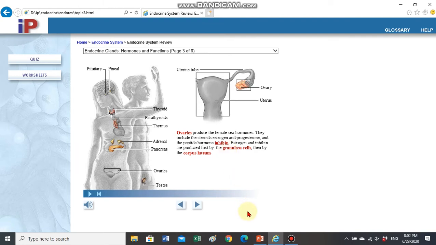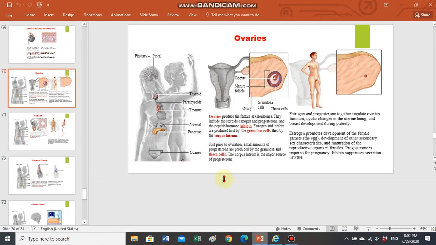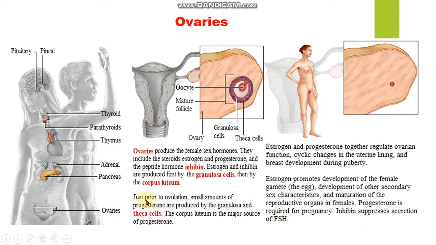Here we see the theca cells, and these are the granulosa cells. Okay. Just prior to ovulation, small amounts of progesterone are produced by the granulosa and theca cells.